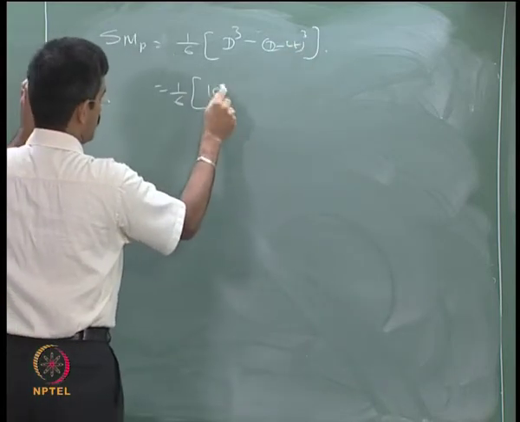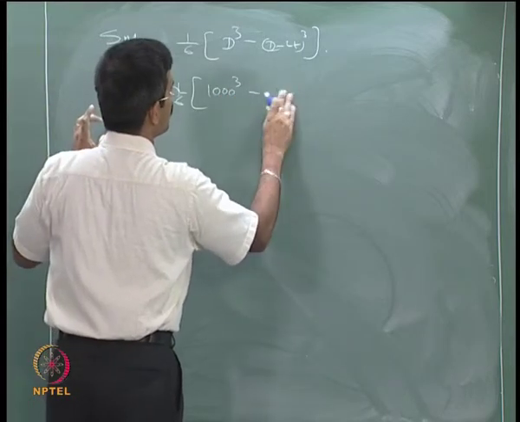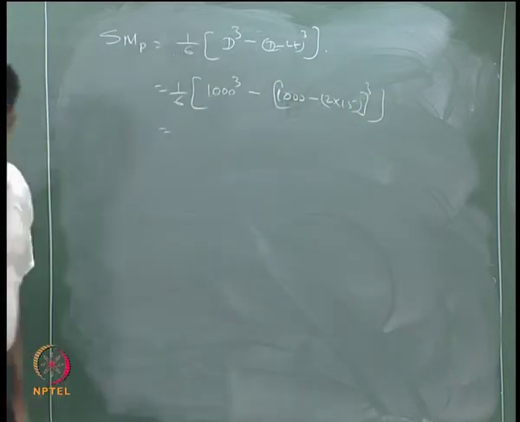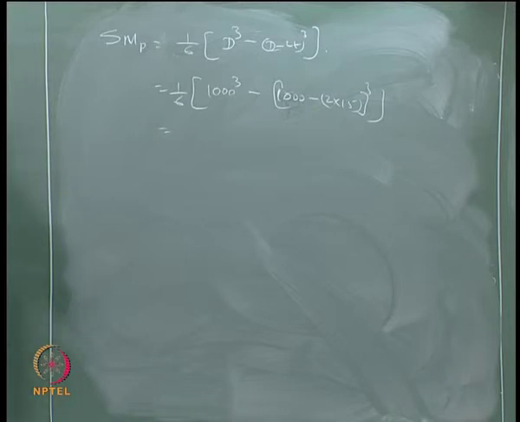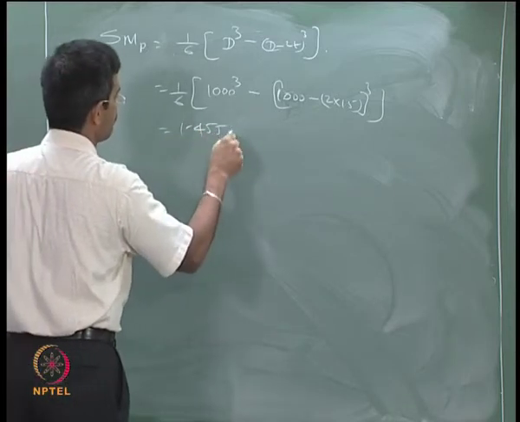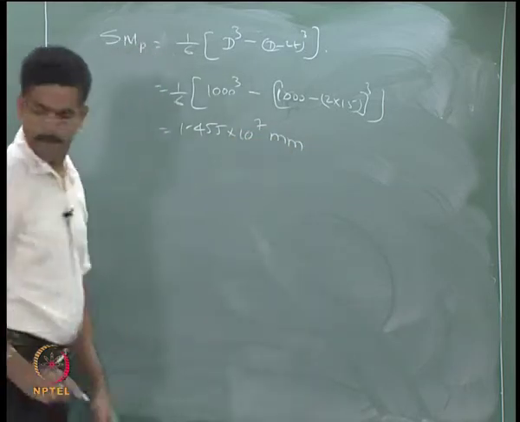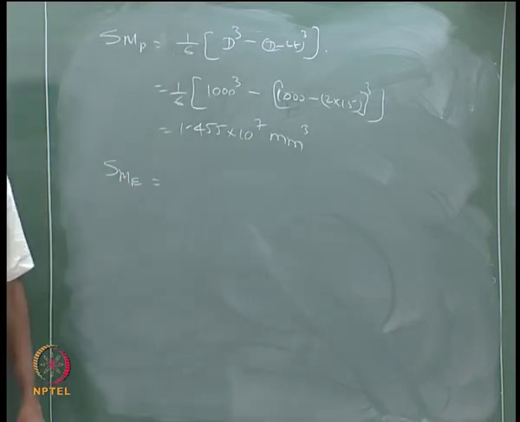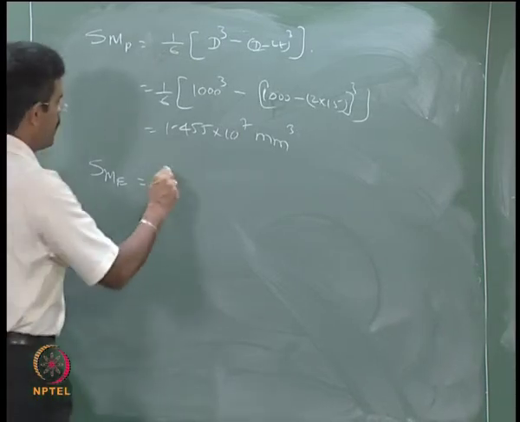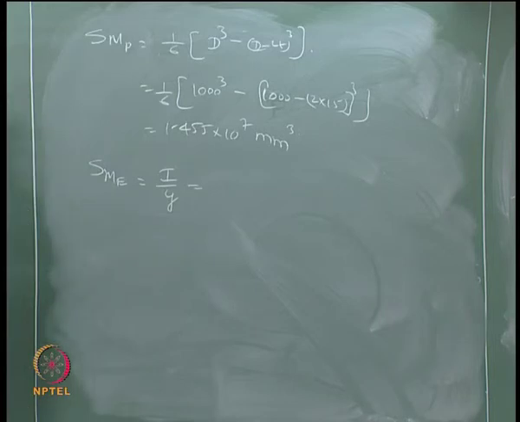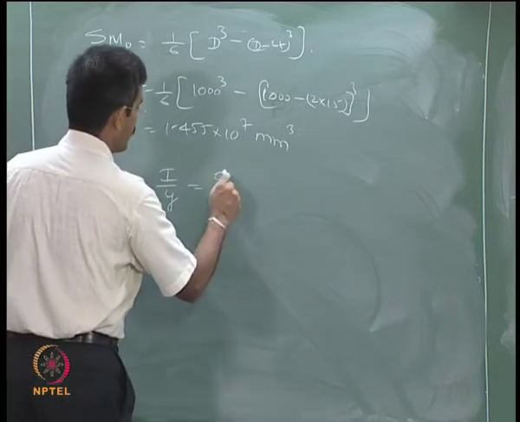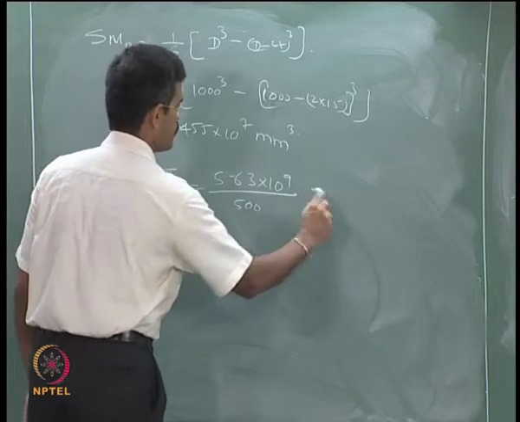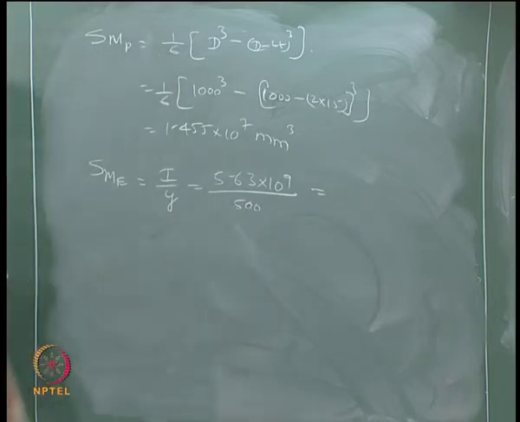Substitute. SME is simply I by y, where y is nothing but d by 2.